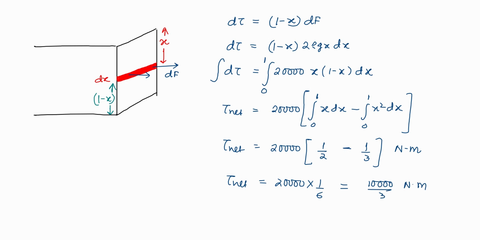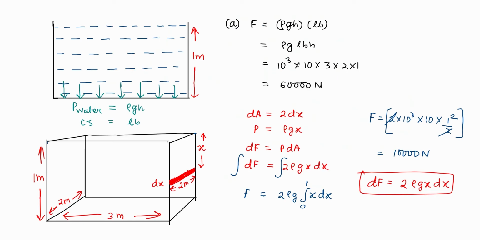So this is the complete answer for this problem, where we have solved each aspect in detail. The first thing we did was calculate the pressure exerted by water on the bottom of the vessel, and then multiplied it with the area of the bottom part to calculate the force. Then, to calculate the force exerted on the vertical wall, at a depth x we selected a patch of thickness dx and solved it in this manner to get the equation for force.